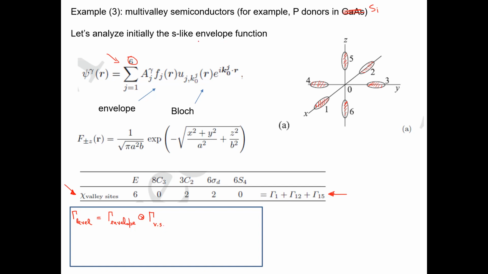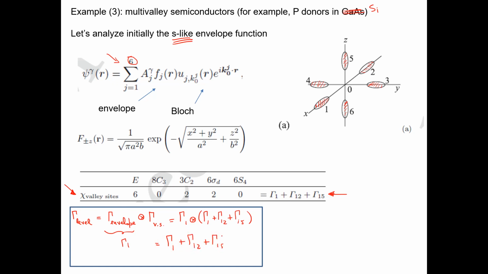But for the ground state, we are analyzing initially the ground state, right? The lowest energy levels, which has an S-like envelope function, and the S-like envelope function transforms like gamma 1. So this is going to be gamma 1 times gamma 1 plus gamma 1 2 plus gamma 1 5, and this is essentially gamma 1 plus gamma 1 2 plus gamma 1 5.